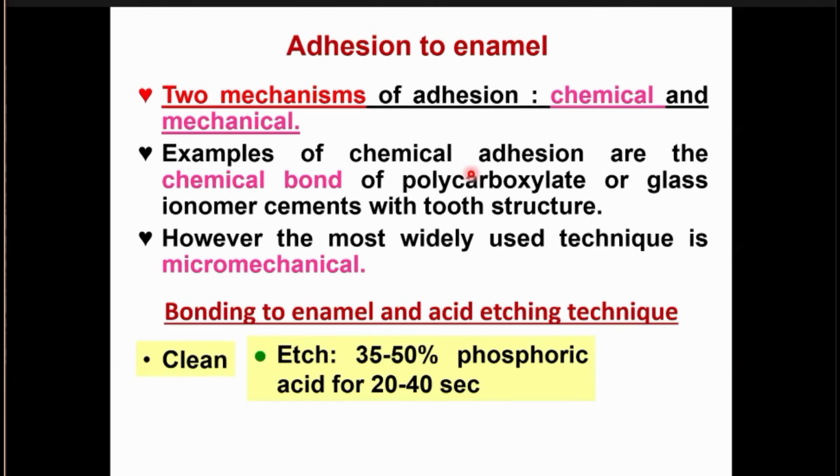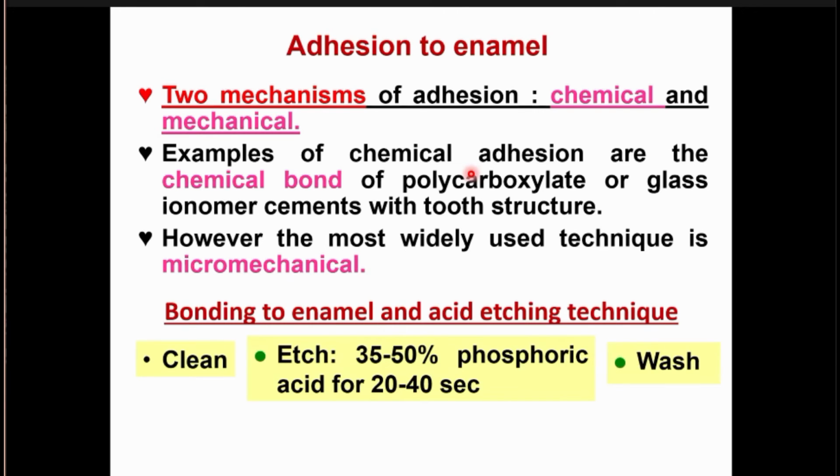In this technique, we clean the tooth surface. The purpose of cleaning is to remove any decayed tooth, any plaque, any contamination from the surface. And then we etch it with phosphoric acid for 20 to 40 seconds.